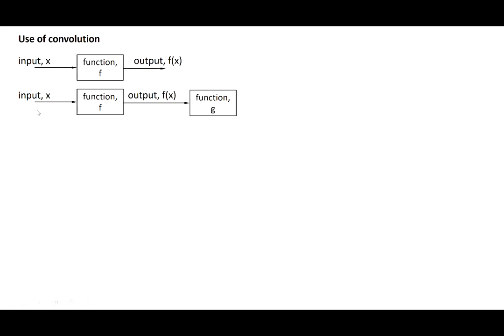That is, I give x as an input to a function f and I get output f of x. But this time, I give that f of x as an input to another function called g. What would the output be? And you say g of f of x, which is the composition of functions. Yes. So the output is g of f of x. Cool.